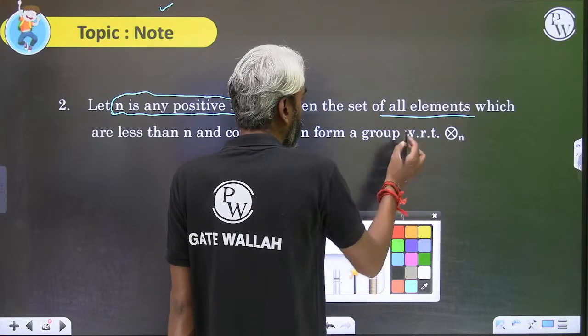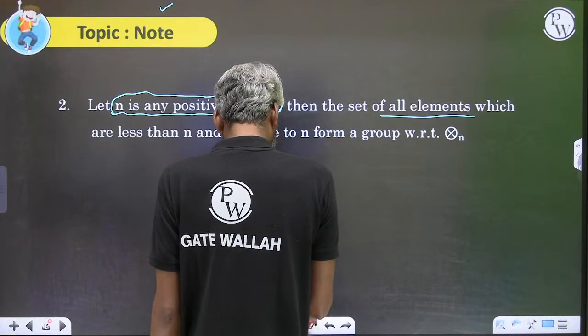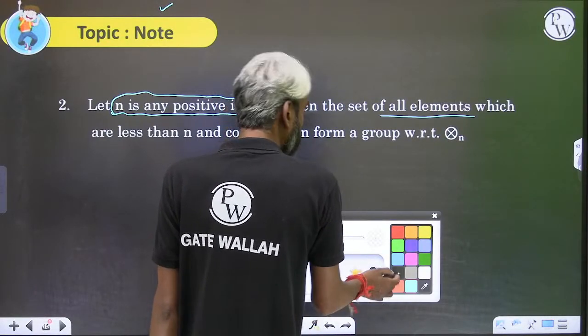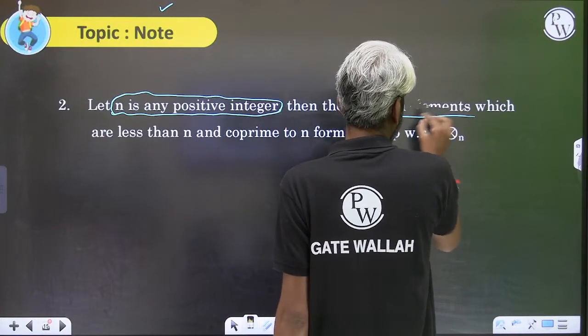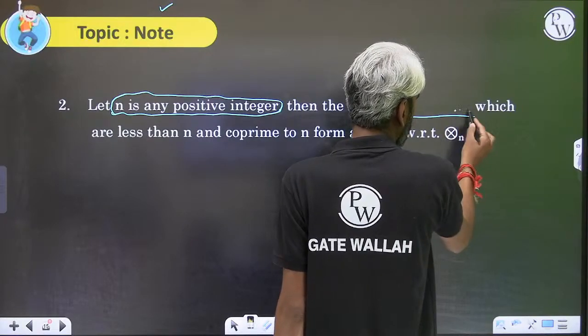So, the set of all positive integers, which will not include 0.